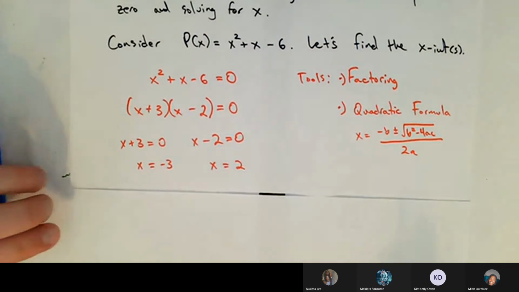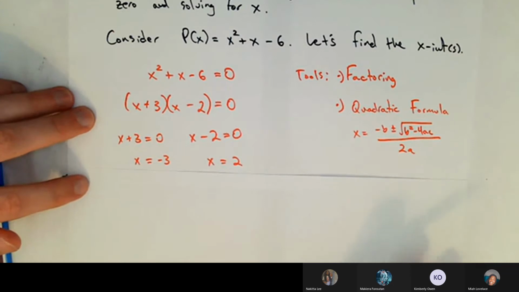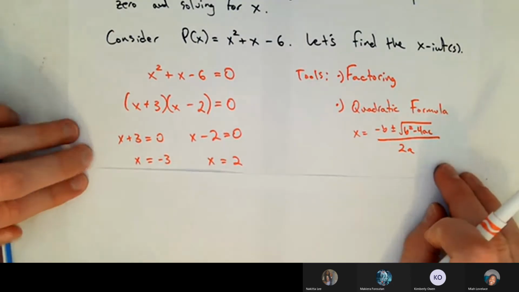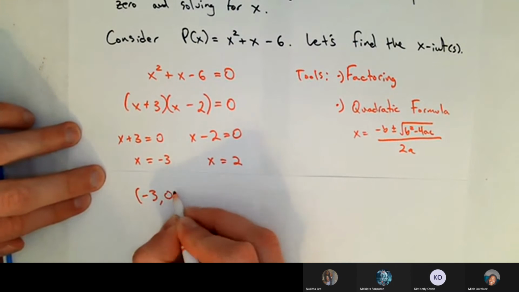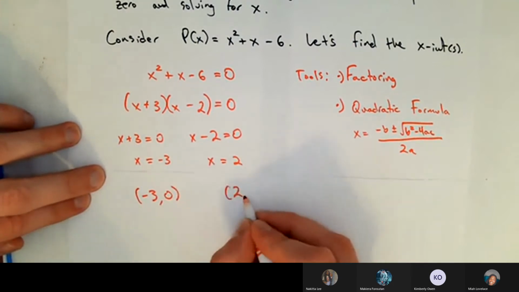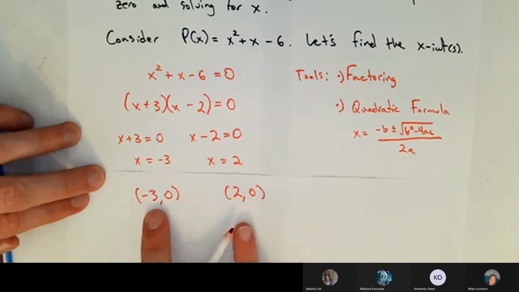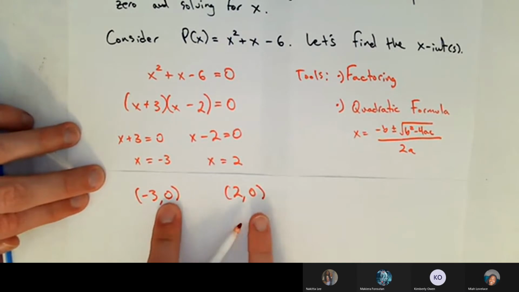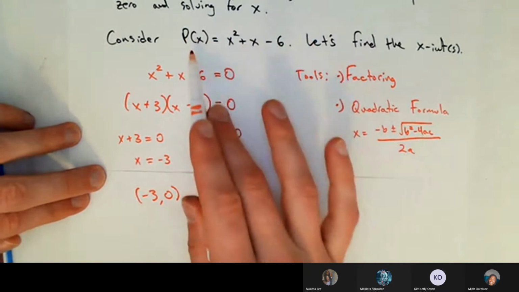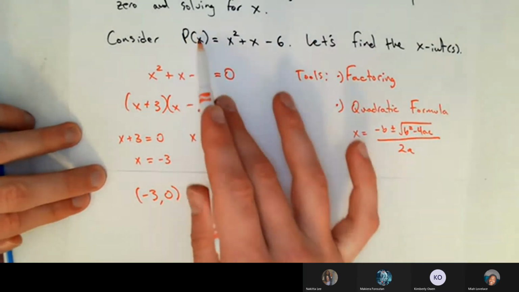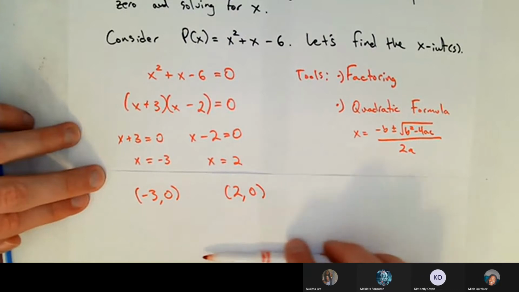So then my x-intercepts are, so I still have to remember that I'm not completely done at this point. I'm mostly done, but really the last step is to actually write the x-intercept for each of these x values, and you just plop them into their own little coordinate points with a y value of 0 for each one, because when you force the function equal to 0, you're saying let the output be 0.